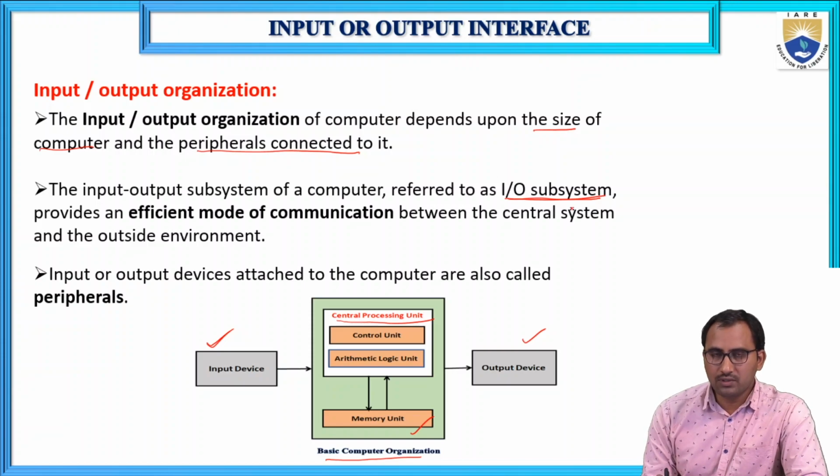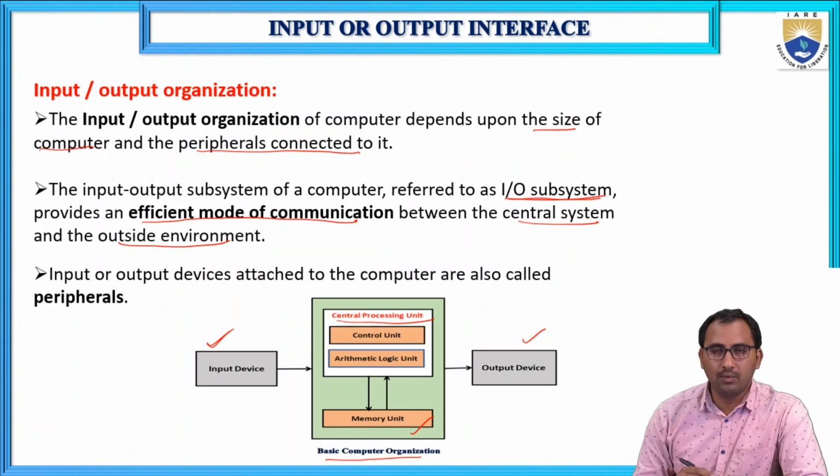This IO subsystem provides an efficient mode of communication between the central system and the outside environment. Using the computer, the CPU can communicate with the user through input or output devices.